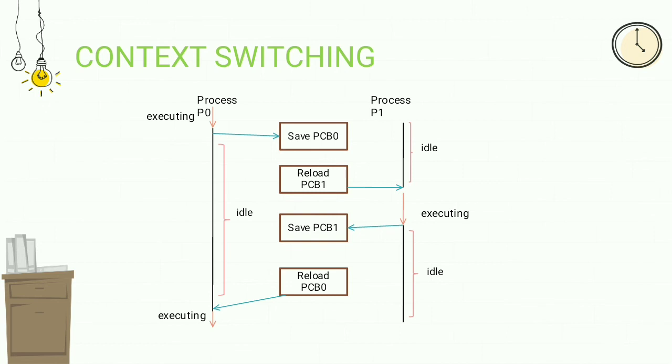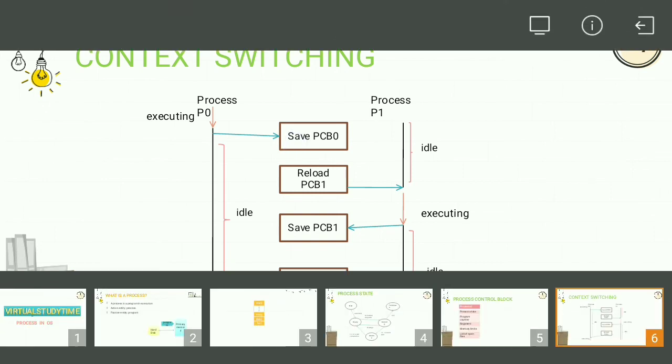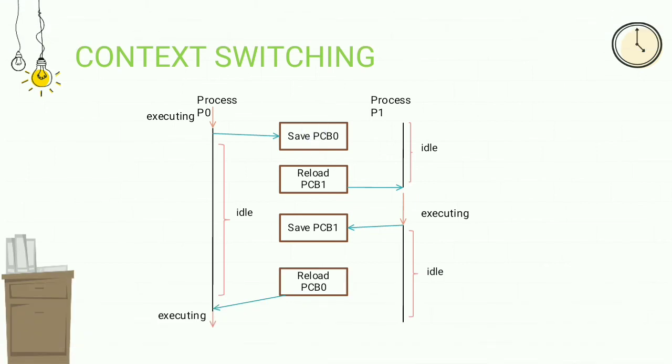Here the process P0 is executing, then the context switch occurs. After the contents of the PCB are saved, we reload the process control block contents of P1, and P1 starts executing. After the execution of the process P1, the interrupt is completed, so the contents of the process P1 are saved, and we resume back to the process P0.